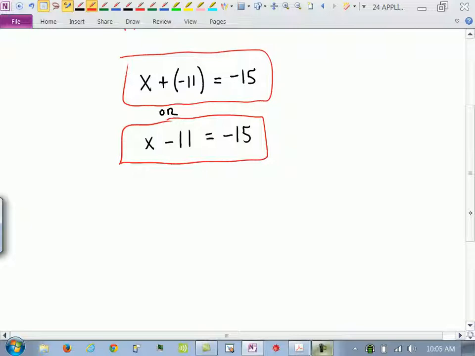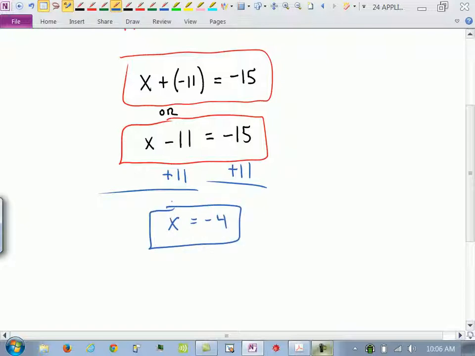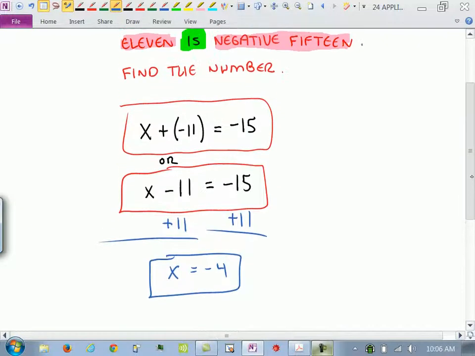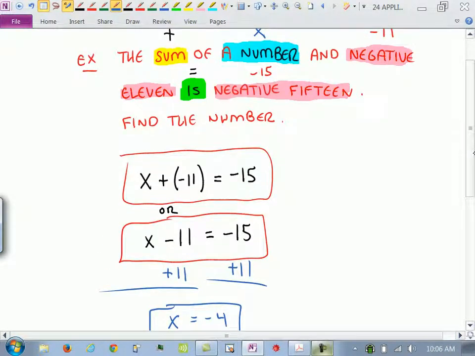I mean, it's ready to roll, isn't it? Add 11 to both sides. x is negative 4. What we're saying is if you take negative 4 and you add it to negative 11, you should get negative 15, which is right. So I guess the moral of the story here is we have to somehow identify keywords in word problems, convert them into the math, and then do the math.